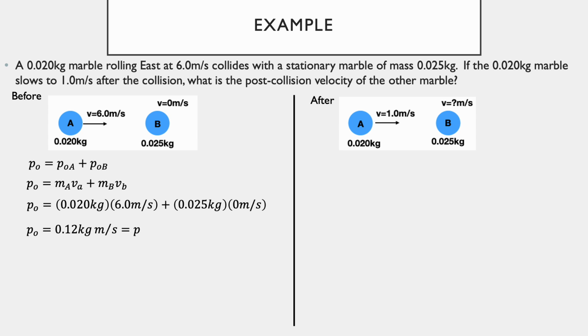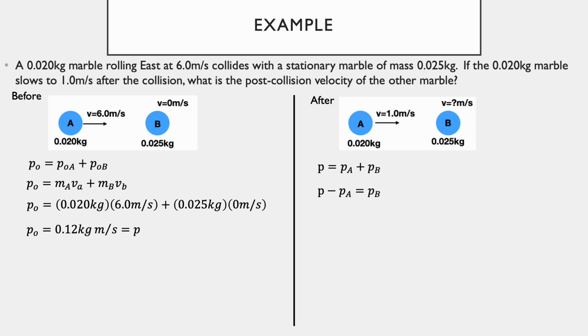Now we'll look at calculations for what's going on afterwards. So afterwards, we have two objects moving separately, so we can say our total momentum is equal to momentum of A plus momentum of B. We'll substitute in formulas for momentum of A and momentum of B after we do some rearranging.